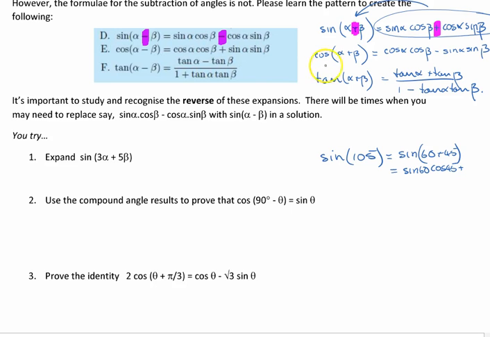Now if we go on and look at the cos of alpha plus beta as it's given on the reference sheet, let's see what's going on there. With the cos, it's not so nice. We've got a plus and a minus. Let's see what's going on over here. We've got a minus and a plus. So it's the reverse of what happens here.